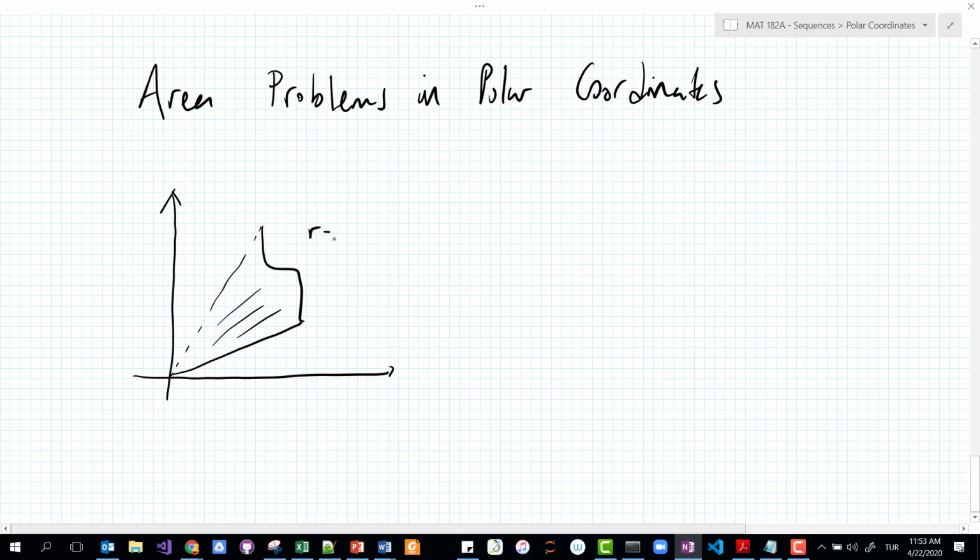This curve, of course, should be given in polar coordinates, so I need to give my function in r, theta pairs. This is one theta value, alpha, and from here to there is another theta value.